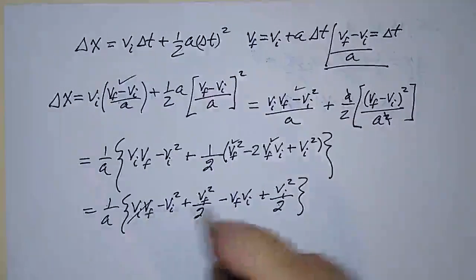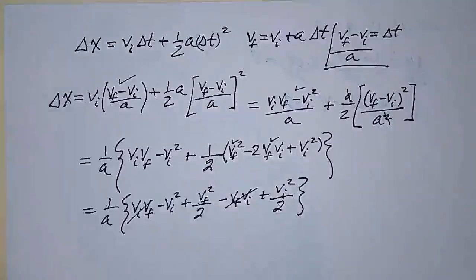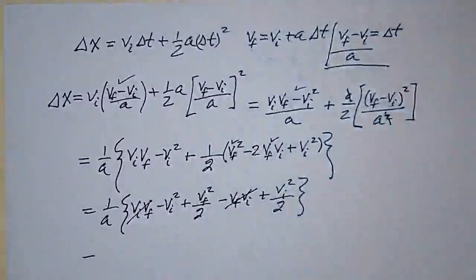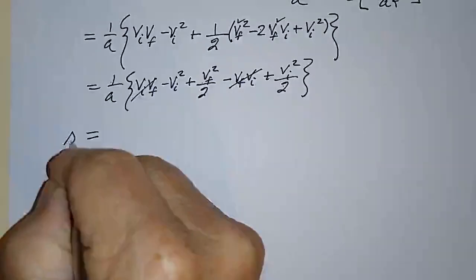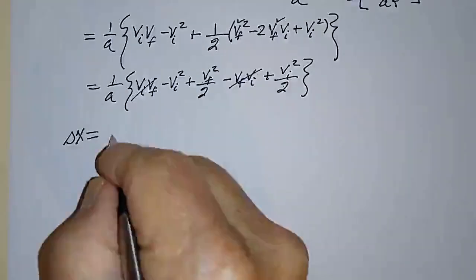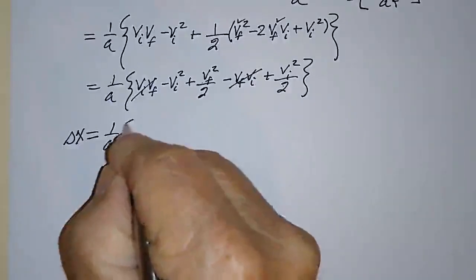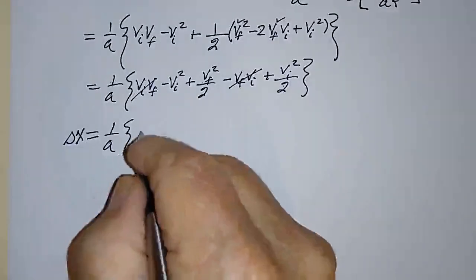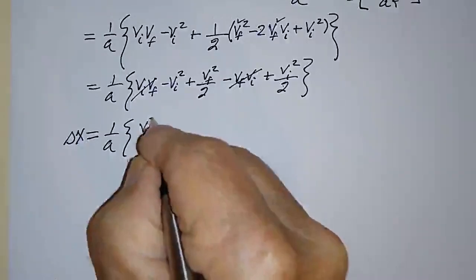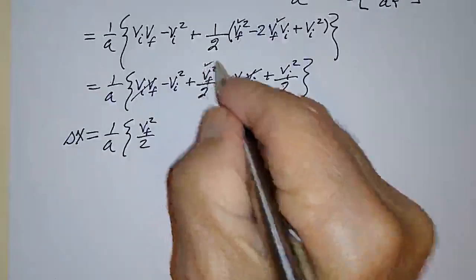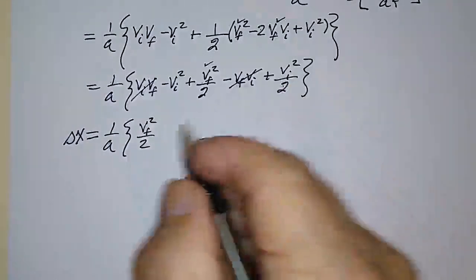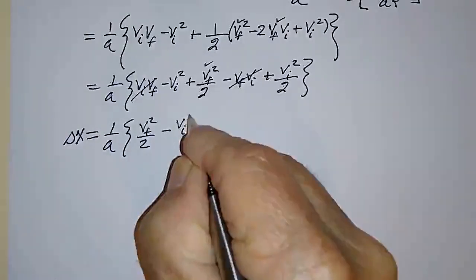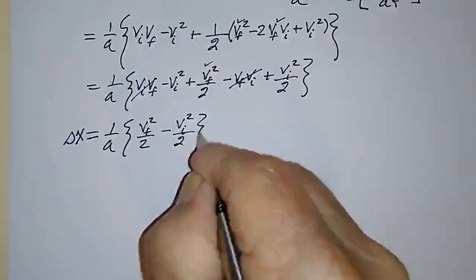Notice that this term and this term cancel out, and I'm left with delta x is equal to 1 over a times v final squared over 2 from this term, and minus vi squared plus 1/2 vi squared is equal to minus vi squared over 2.